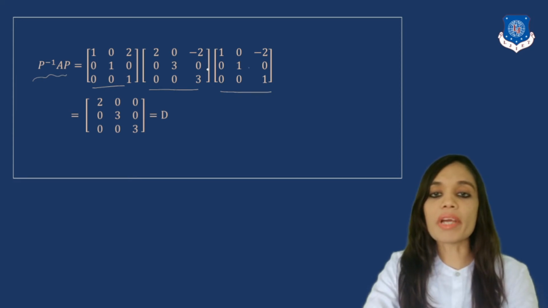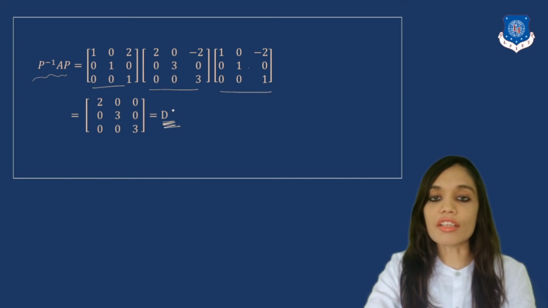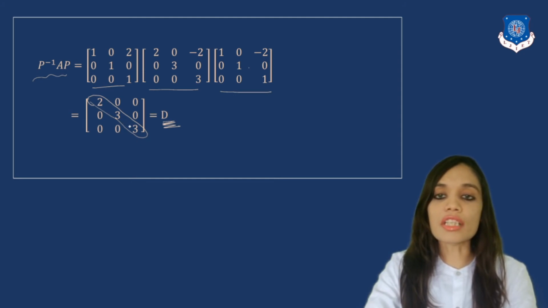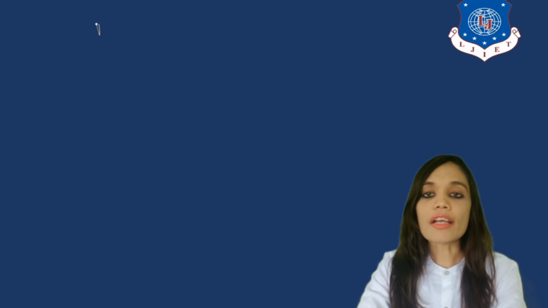Whenever the matrix is diagonalizable, its answer will be D. What is D? We have to write the eigenvalues in the principal diagonal in ascending order, so you will get 2, 3, 3. So the answer of P inverse AP will be D.